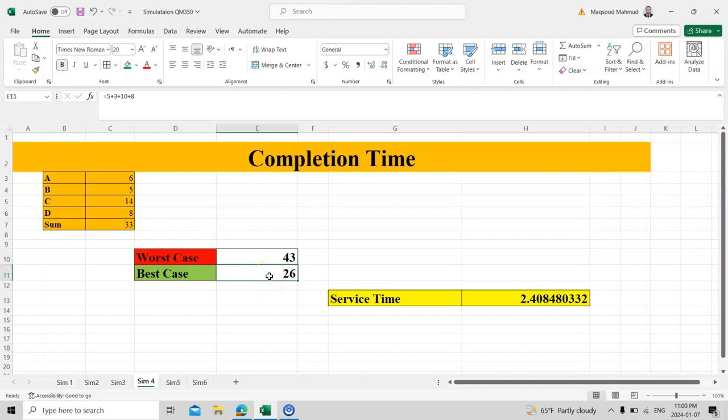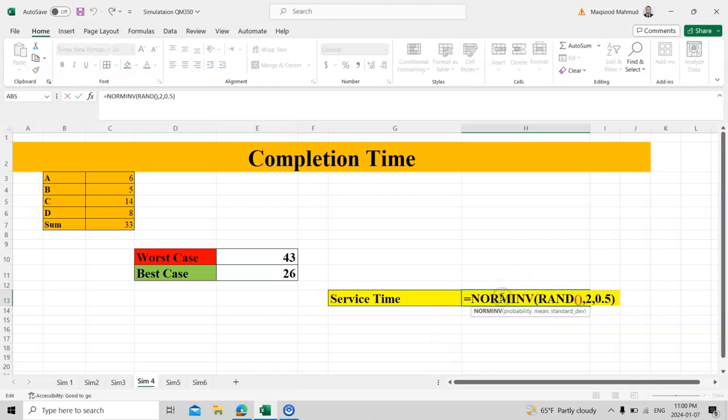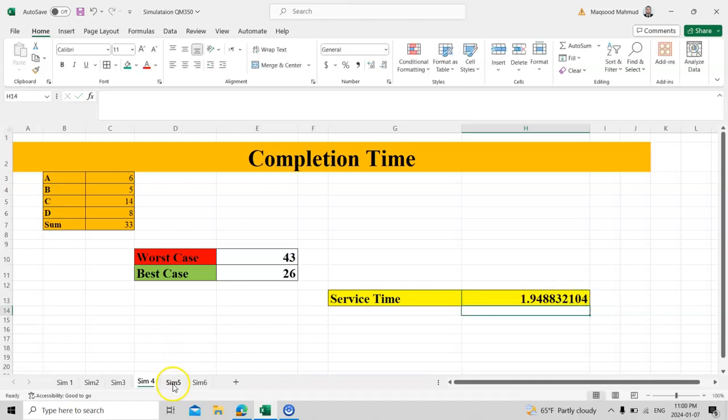In the best case, if you have 5 weeks, 3 weeks, 10 weeks, and 8 weeks, you accumulate it, and 26 weeks is the lowest time to complete a project, right? And then service time. For service time, you can have the inverse of the normal distribution, and you can apply the same formula with the rand, comma 2 and 0.5, right? So this is about that.